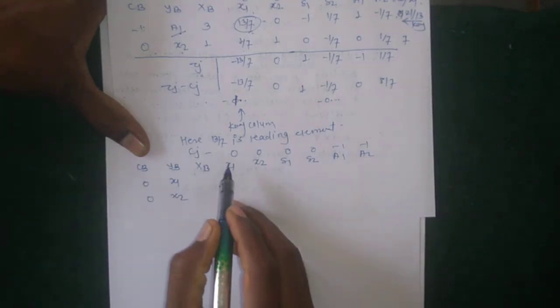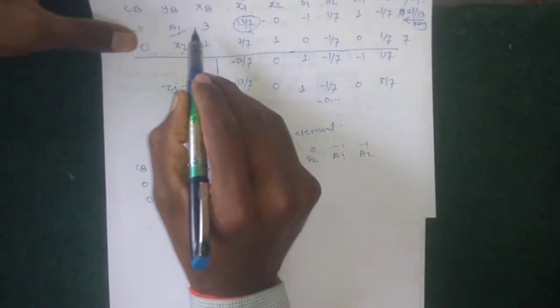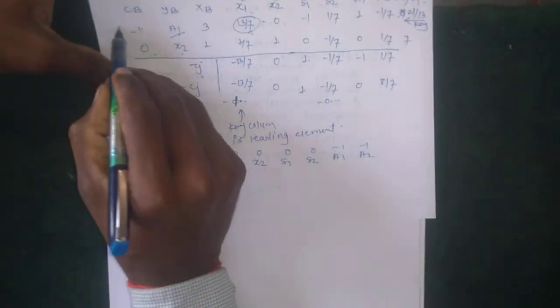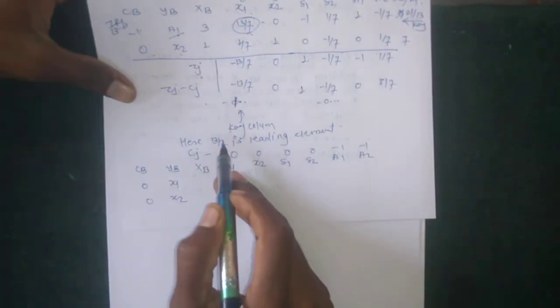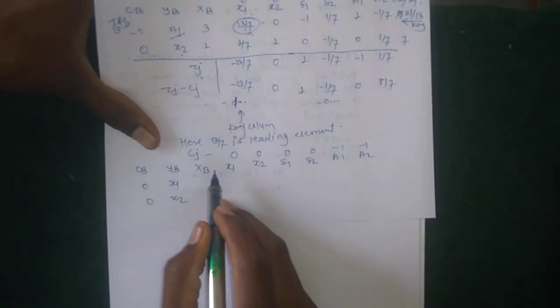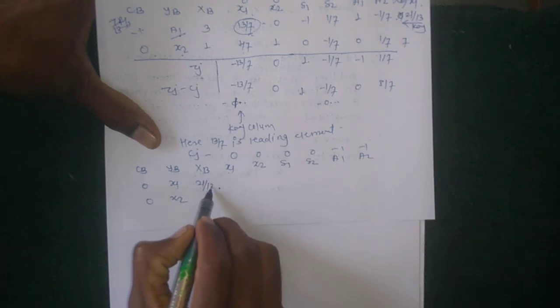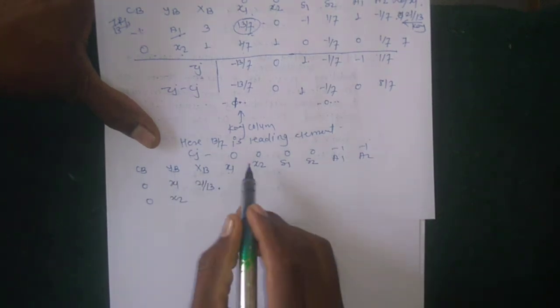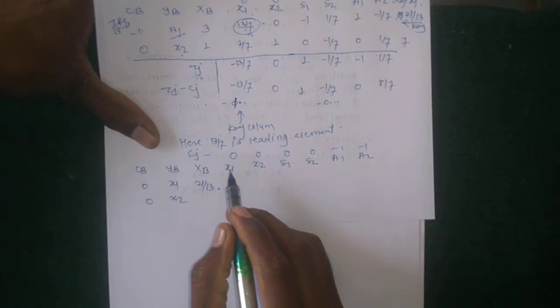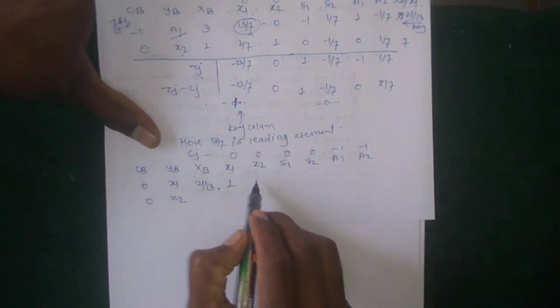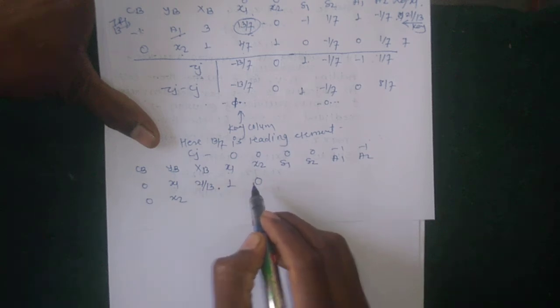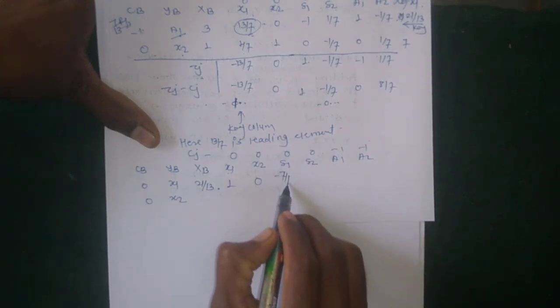In the XB column multiply R1 by 7 by 13. We get 21 by 13. For the second, 7 divided by 13 into 13 divided by 7 we get 1. 0 into 7 by 13 is 0, -1 into 7 by 13 is -7 by 13.